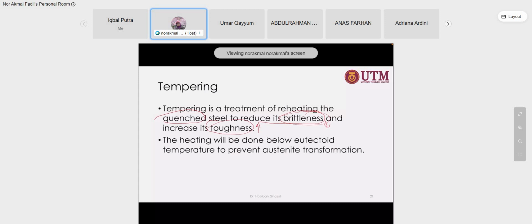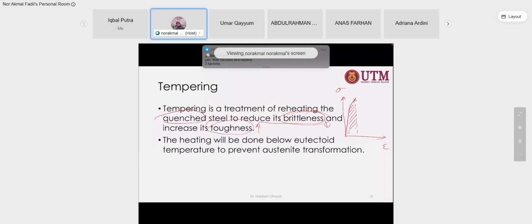So remember the graph of a stress-strain curve. If we sketch the brittle structure, it will fail without plastic deformation, and the area under the curve is small. This is defined as brittle, plus less or low toughness.